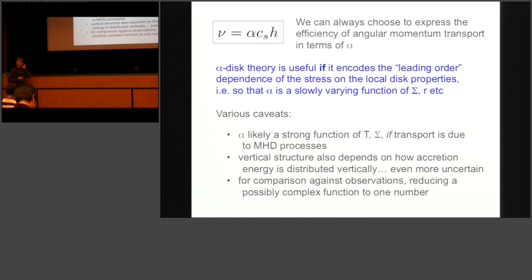But here we need to ask quite carefully, what are the limits of validity of those kinds of prescriptions? So the first thing I would say is that if we just consider alpha as a mapping between the viscosity and the local properties, the sound speed and the scale height in the disk, of course we can always write the viscosity in this kind of form.